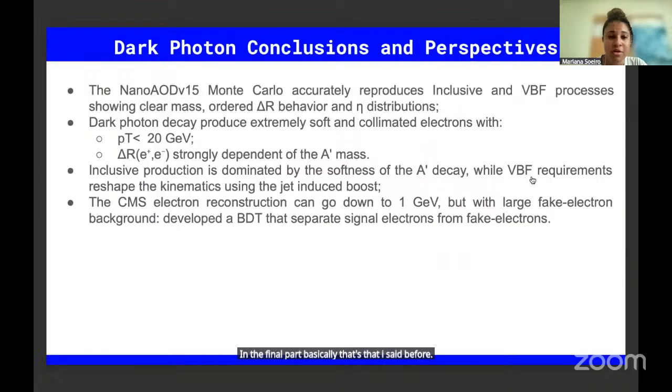We have interesting samples to work on, and the idea of this analysis is to continue understanding how the BDT works to improve the ID requirements. There is so much to be done, but this is a very, very interesting analysis. Thank you so much, all of you. That's my point of view.